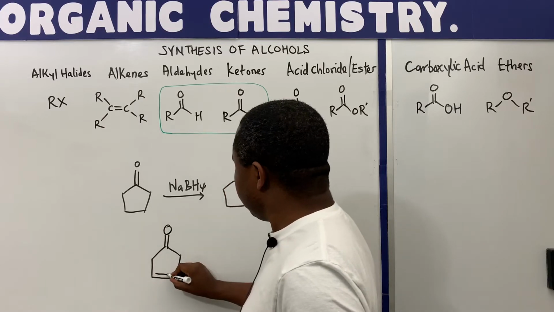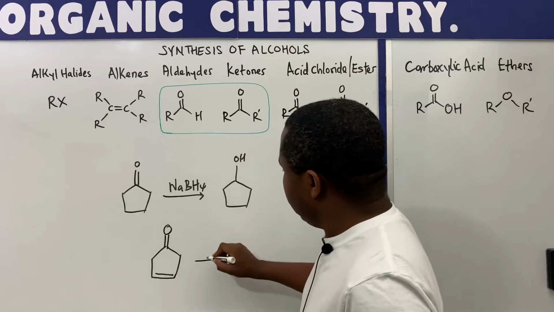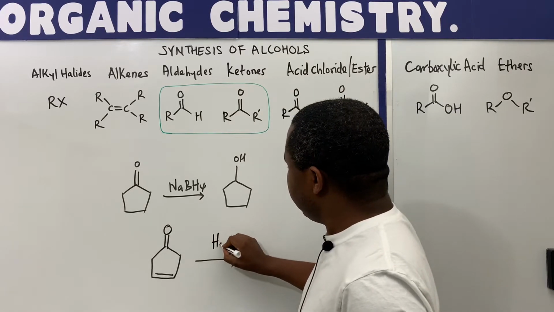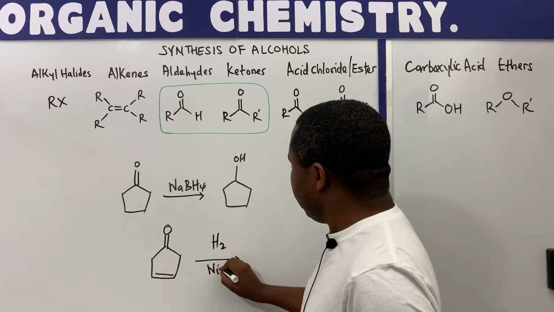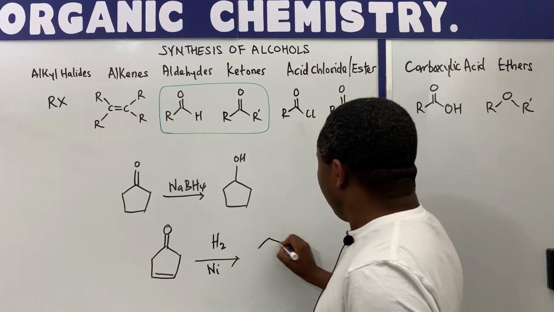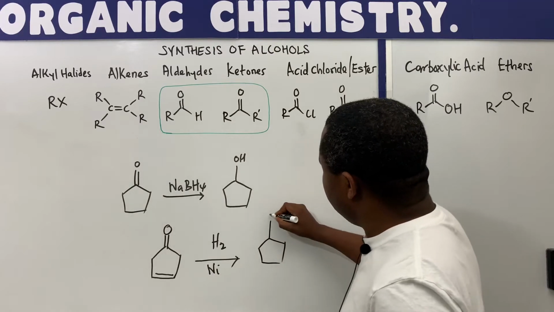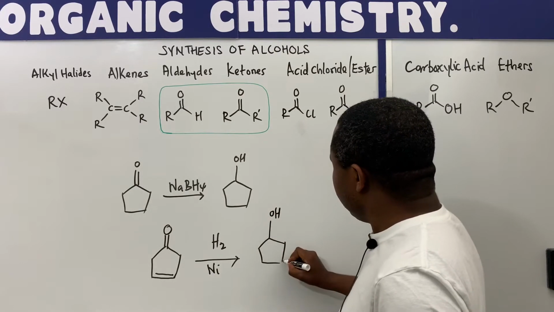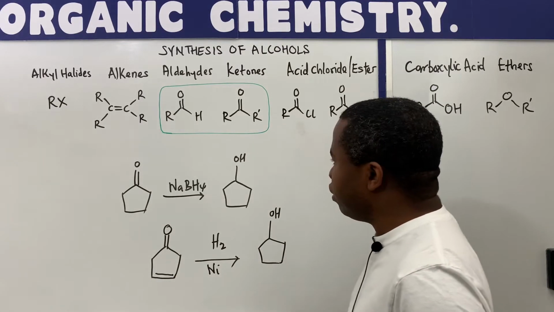Let's say we have something like this, and then we subject this to catalytic hydrogenation in the presence of nickel catalyst. We are not only going to have an alcohol, we are also going to have the alkene functional group reduced to an alkane.